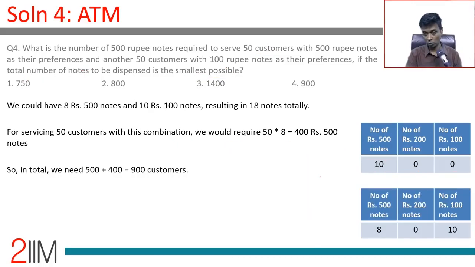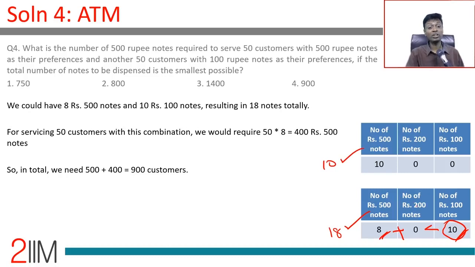So 8, 10 will work. We give them 8 500 rupee notes and 10 100 rupee notes. The number of 100 rupee notes is greater than the number of 500 plus 200 rupee notes. That condition is satisfied. Total amount given is 5,000. This is the best case scenario because we have as few notes as possible. And so with 18 notes, we can do this.